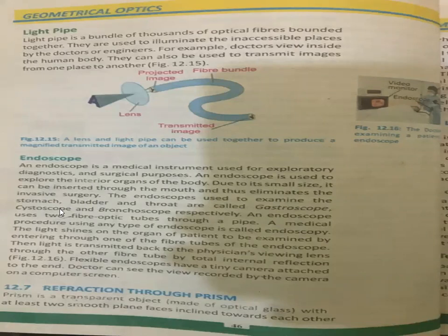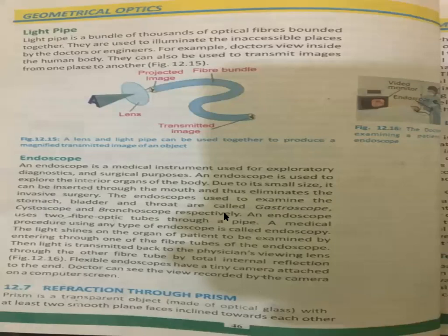The endoscope is used to examine the stomach, bladder, and throat. The endoscope used to examine the stomach is called the gastroscope. The endoscope used to examine the bladder is called the cystoscope. The endoscope used to examine the throat is called the bronchoscope. So there are three types of endoscope.